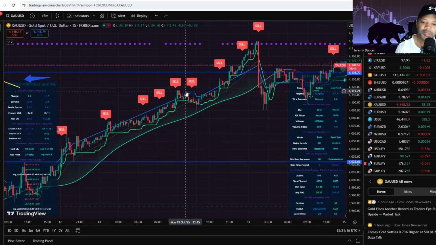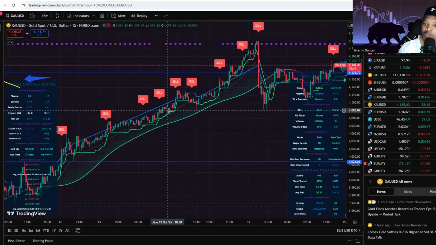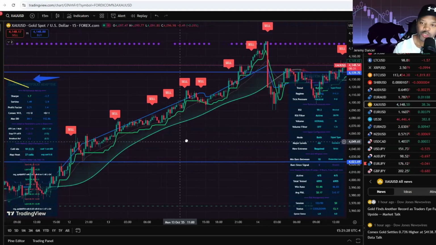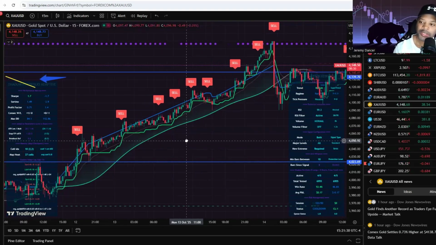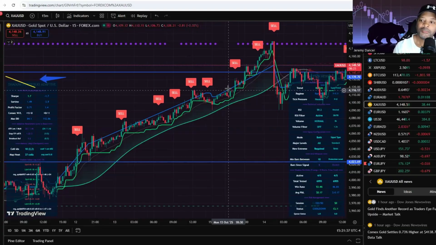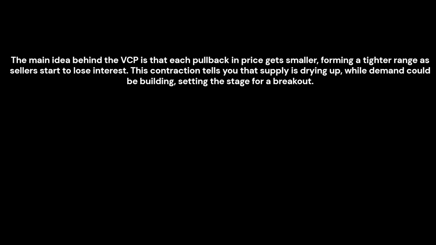Make your 100 pips, keep it moving, and keep going for as long as you want. Now, another way of looking at this is for traders who have a lot of experience, but this right here is also a very good setup for volatility contraction.